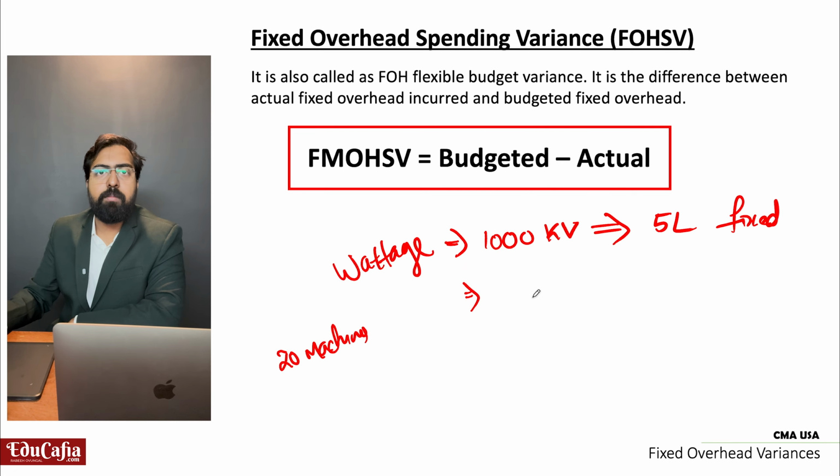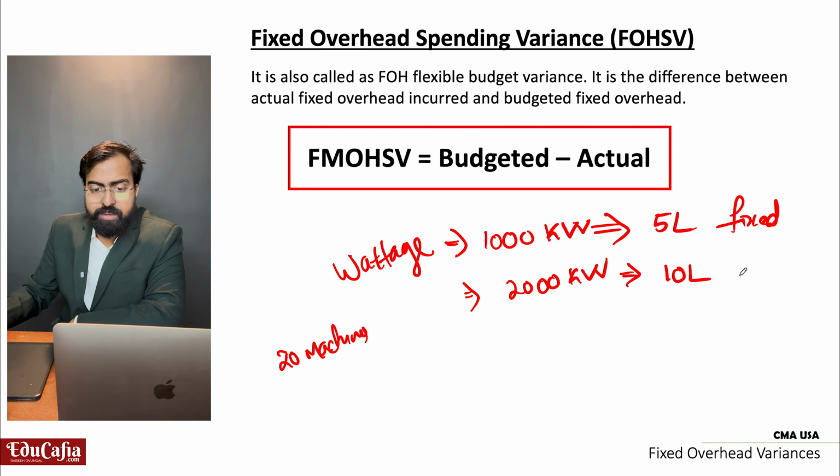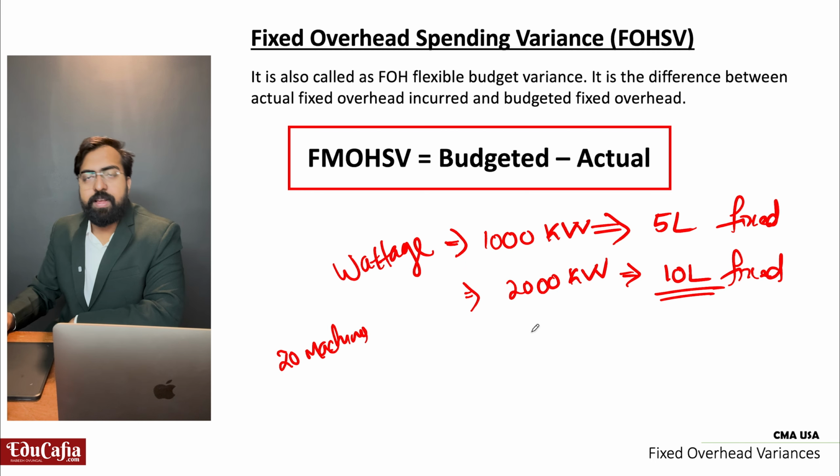They will come and do something in the transformers and increase the capacity, and now they are giving me 2000 kV, kilowatt, whatever. For this 2000 kV, my fixed charge will increase to 10 lakhs. So from now onwards, my fixed charge will be 10 lakhs.